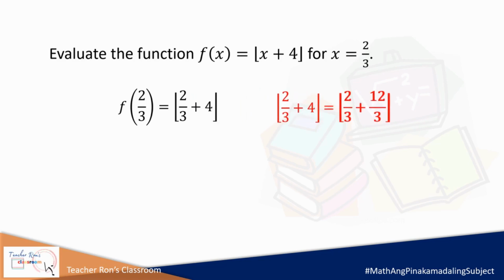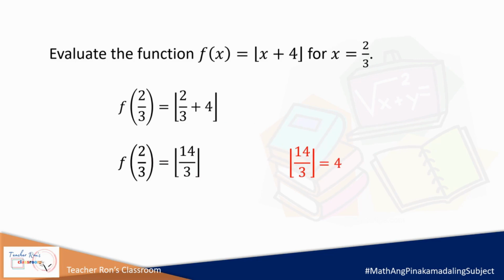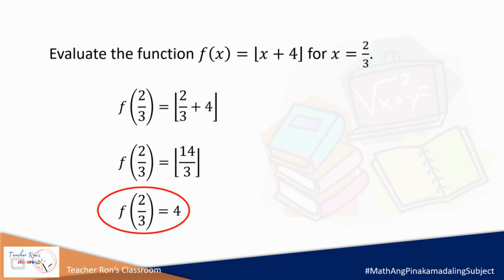It is equal to the floor of 2/3 plus 12/3. 2/3 plus 12/3 equals 14/3. So we have f of 2/3 equals the floor of 14/3. The floor of 14/3 is equal to 4. Therefore, f of 2/3 equals 4.